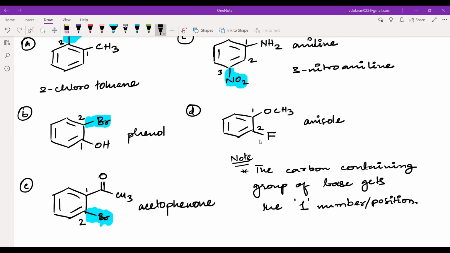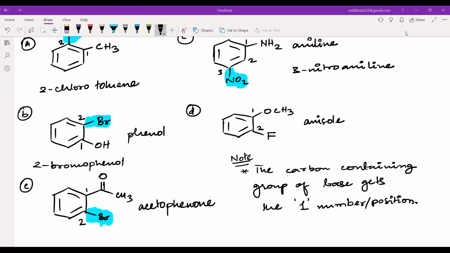Yes, Parvati, that will be 2-bromophenol, 2-fluoroanisole. Anisole, it has an E also, okay? And then we have 2-bromoacetophenone. Okay, fine. So please write this will be 2-bromophenol.